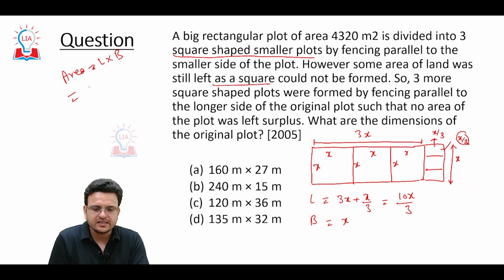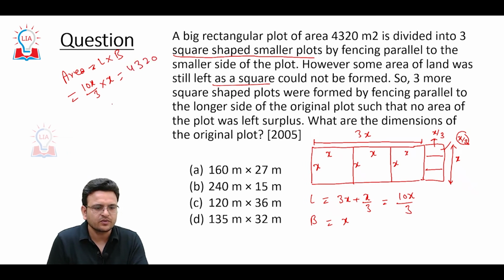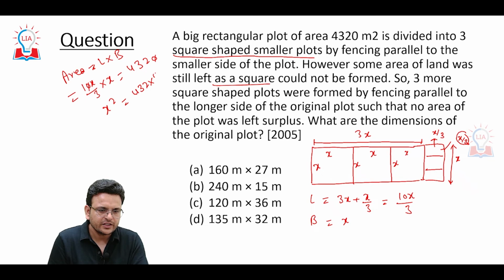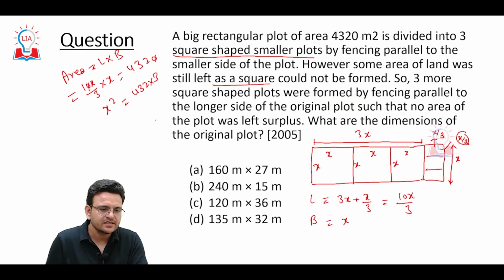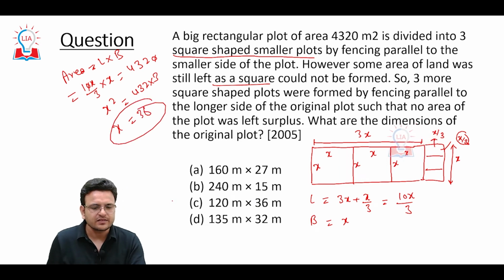It simply means 10x by 3 into x equal to 4320. This is cancelled, and it becomes x square equal to 432 into 3. If you solve it, you will get the value of x is 36. So if you are able to understand, the answer will be C.